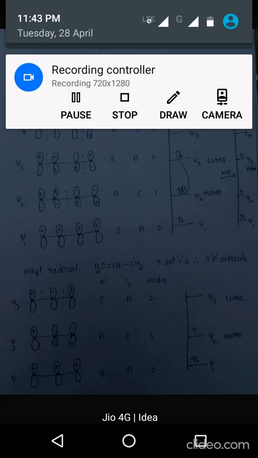In the presence of light, electronic transition takes place from a lower energy level to a higher energy level, so an electron jumps from Psi2 to Psi3. One electron is moving from Psi2 to Psi3, and this is the electronic configuration in the excited state.